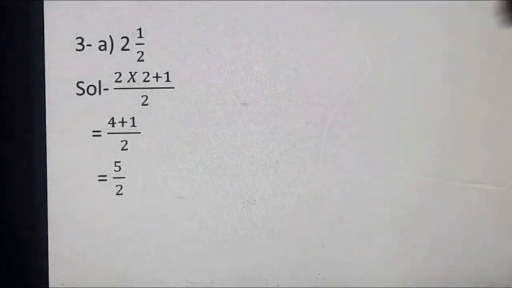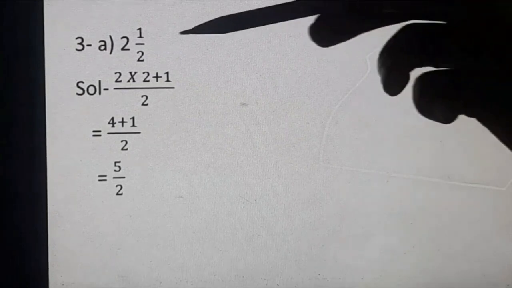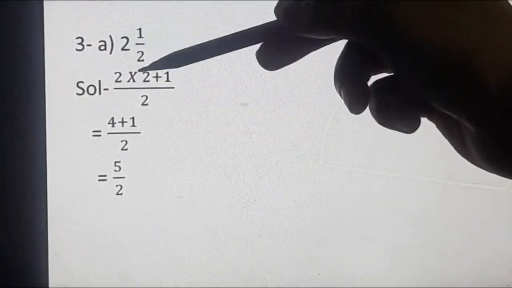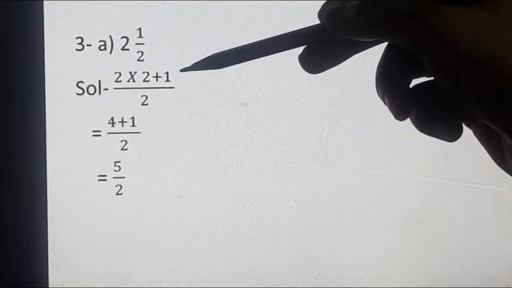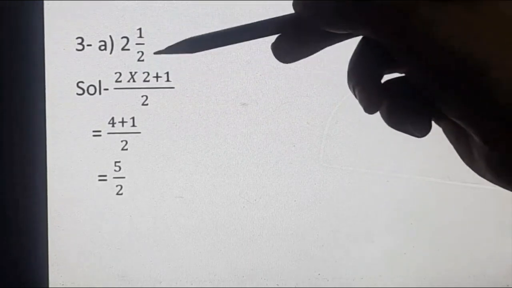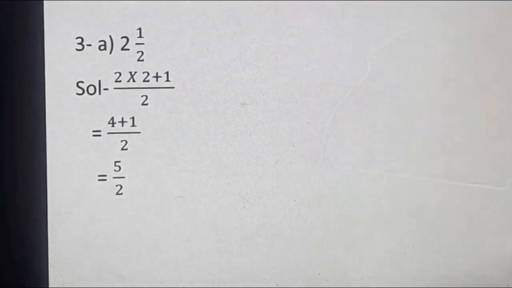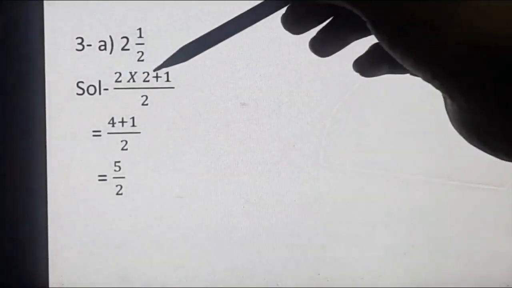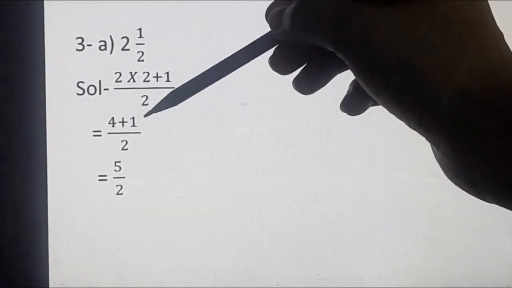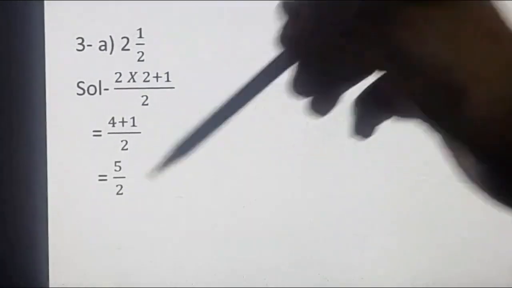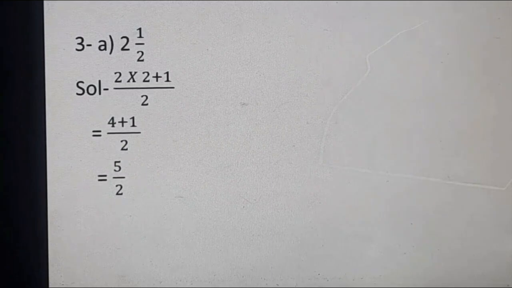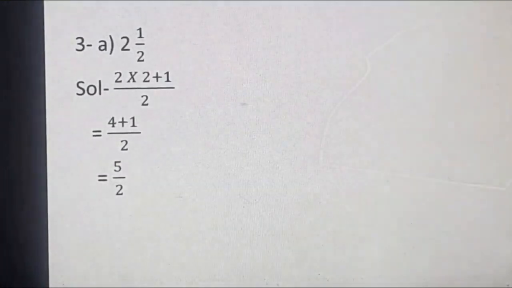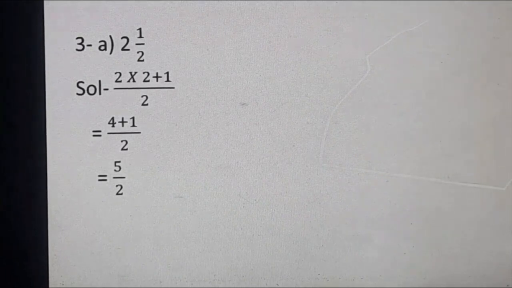And how to write this into an improper fraction? See, the denominator 2 will be multiplied with the whole number 2, plus the numerator will be added, upon denominator 2 will be written below the bar. So 2 2s are 4 plus 1, 5. 5 upon 2. This is the way in which we can convert a mixed fraction into improper. Right?